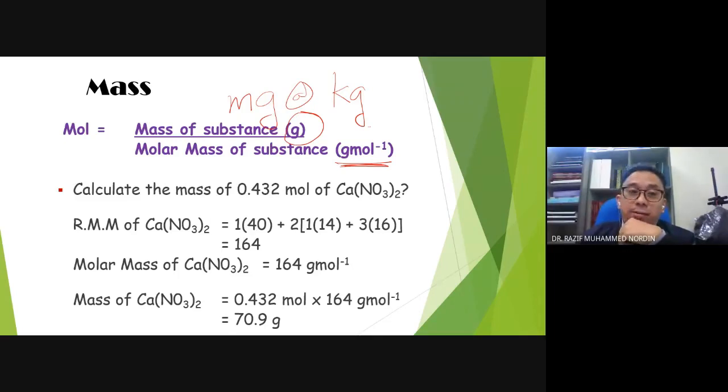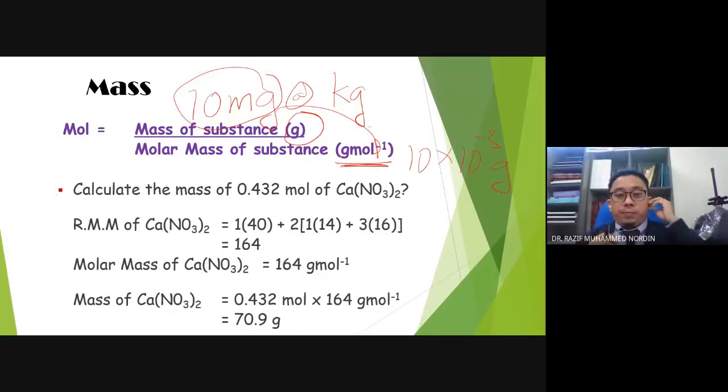Let's say 10 milligram, direct terus kamu pakai. Sebenarnya 10 milligram over here changes to 10 times 10 to the power minus 3 gram, milli kan. Barulah you boleh divide with the molar mass of substance in gram per mole.